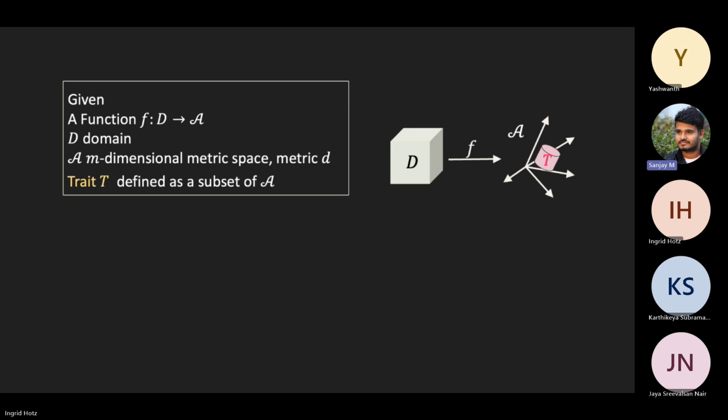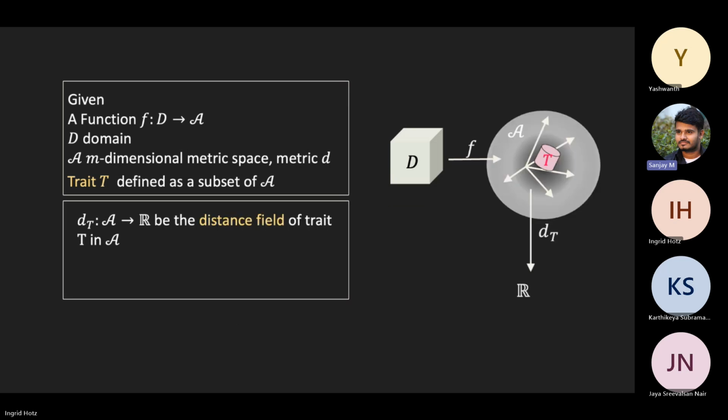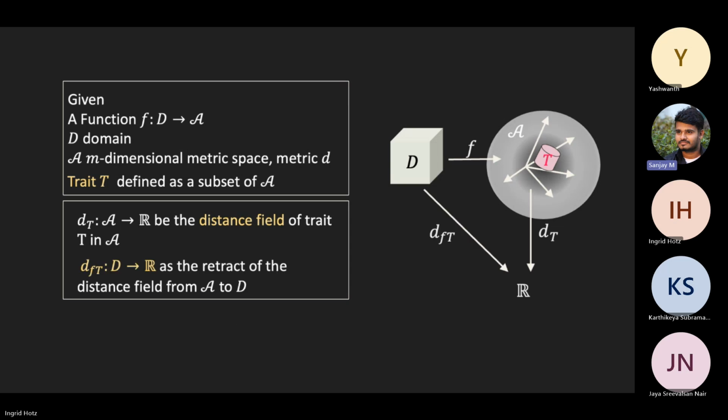Now we take a trait in attribute space and define a distance field with a mapping to R. Then we have this induced distance field in our domain, for which we can compute level sets as before, giving us information about feature strengths.